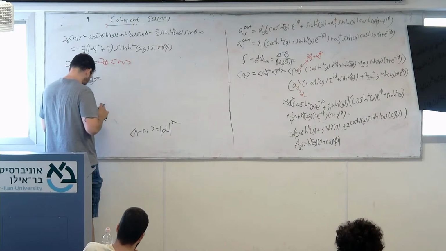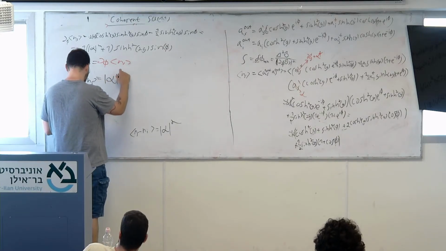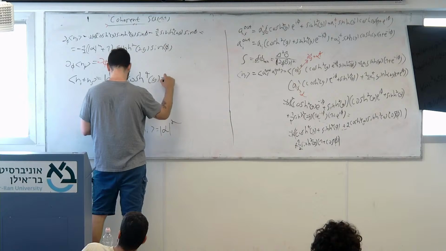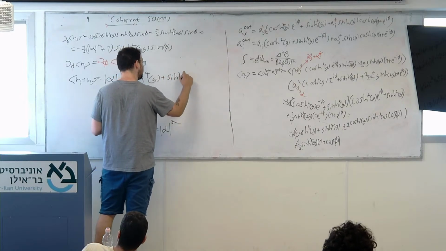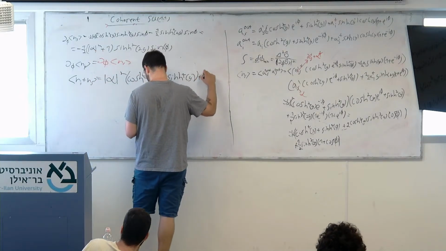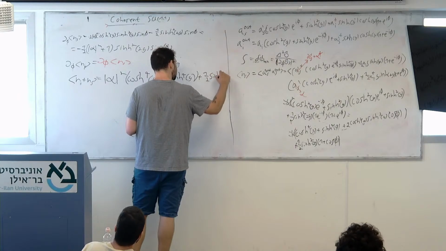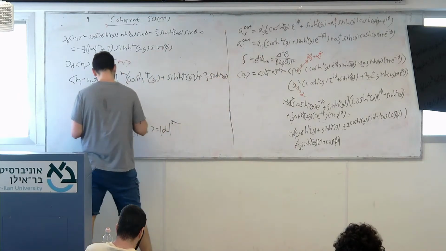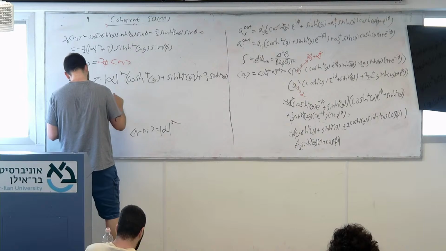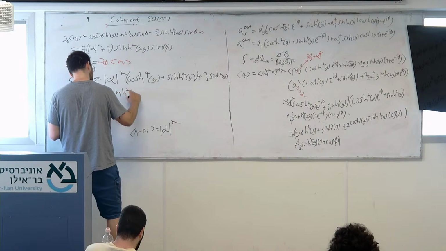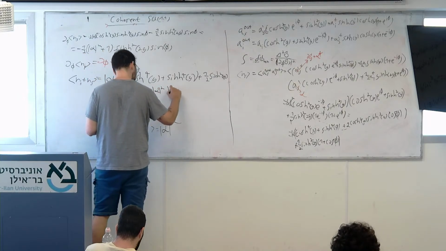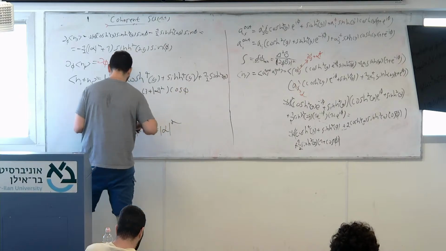The results will be, I'm just going to give you the output, alpha absolute value squared, cosh to the power 4g plus sinh to the power 4g. Those two can be written much shorter, but I don't wanna. Sinh squared 2g plus 1/2 sinh squared 2g times 3 plus alpha squared cosh.